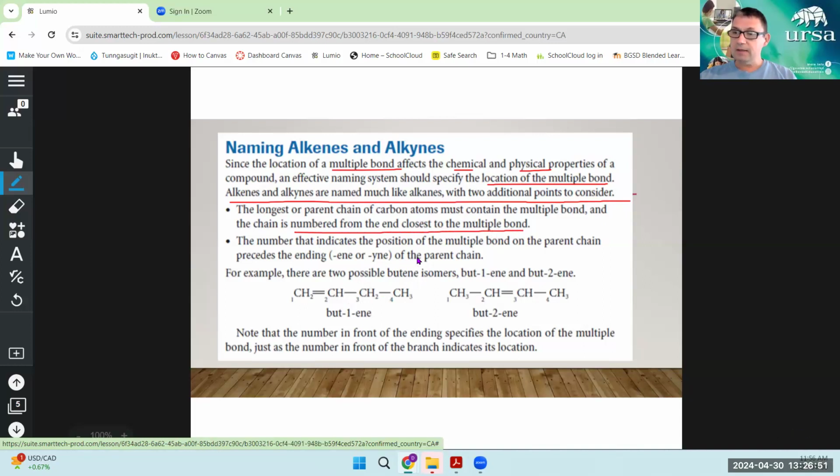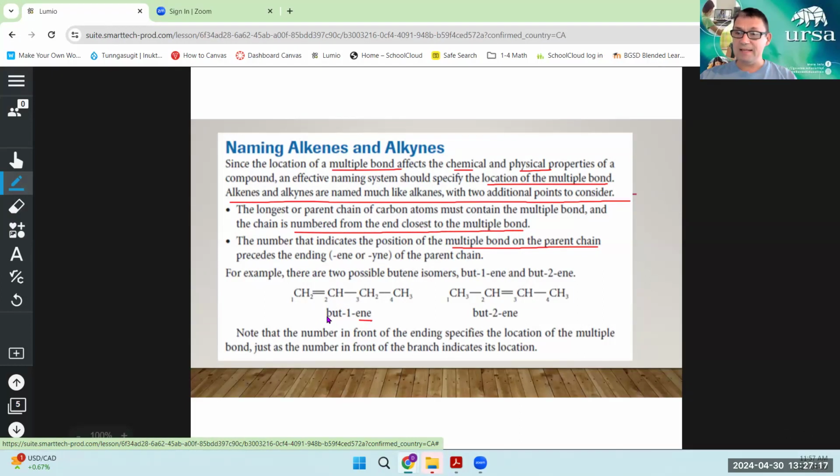Now, the number that indicates the position of the multiple bond precedes the ending. For example, this compound has a double bond, so therefore it's ene. We have to number it from the end closest to the double bond. The closest carbon to the double bond is this first one here, so this becomes 1, 2, 3, 4. Four carbons, but.